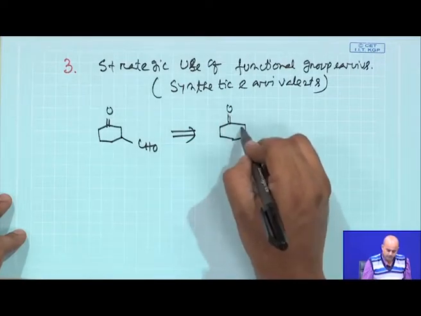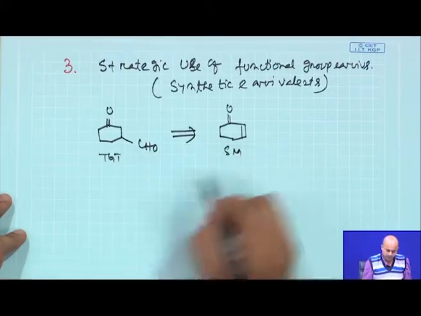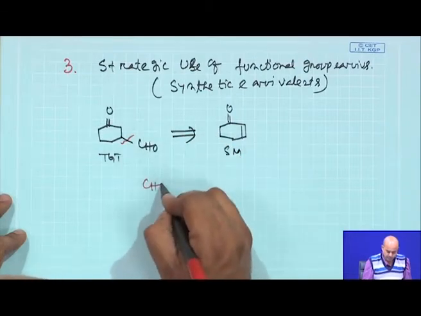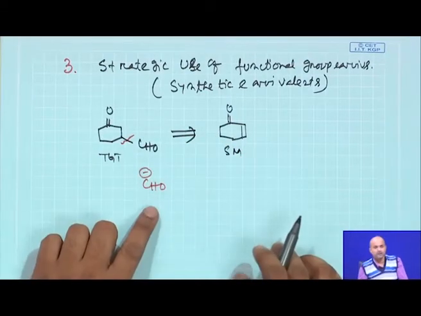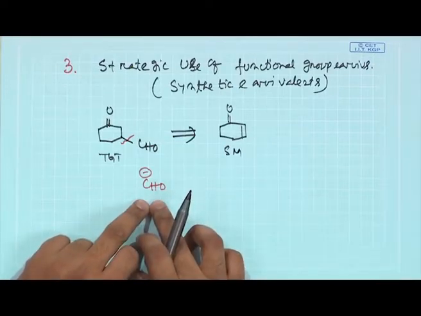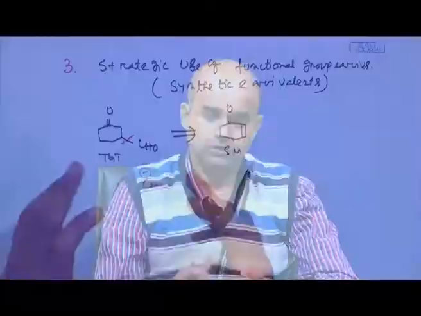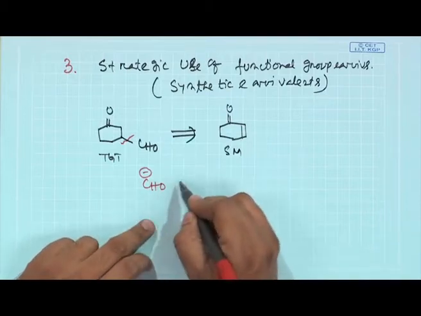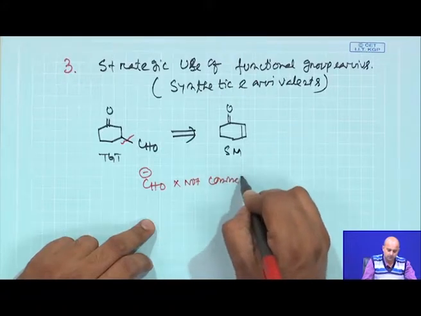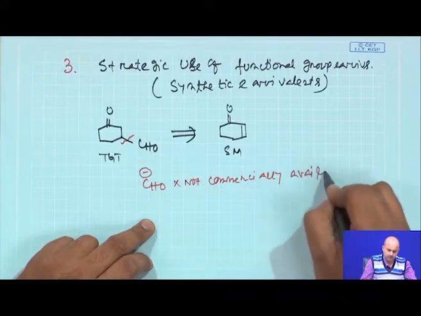We said the target molecule is this compound, and the starting material was this. Now, the retro we are talking about is, if you have a CHO minus species or this functional group species, which in reality is an umpolung species, it can be constructed in a different way, because this is not commercially available.